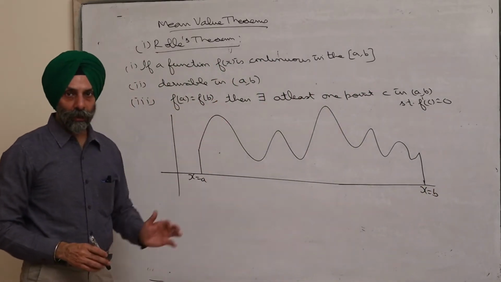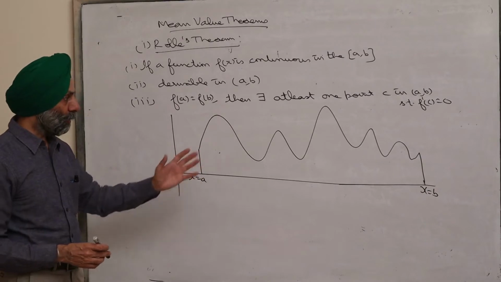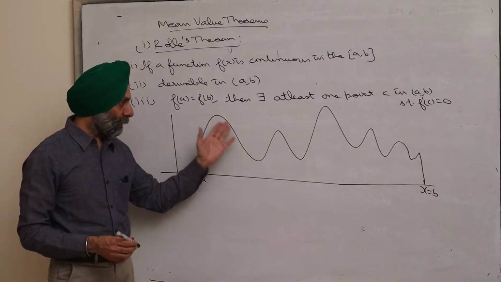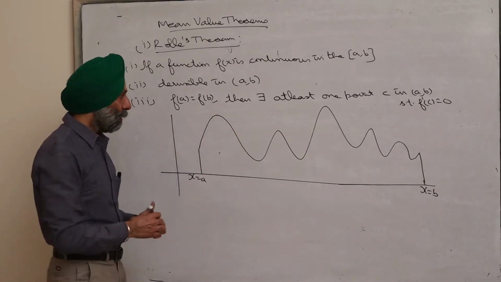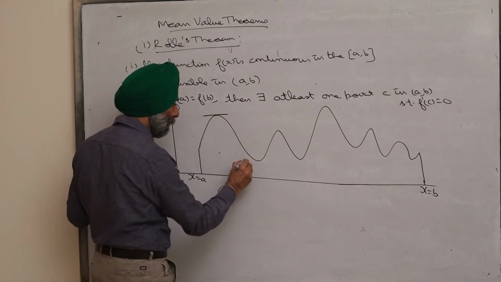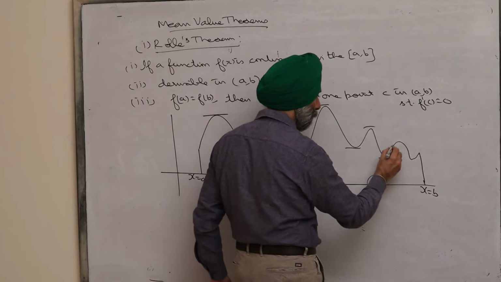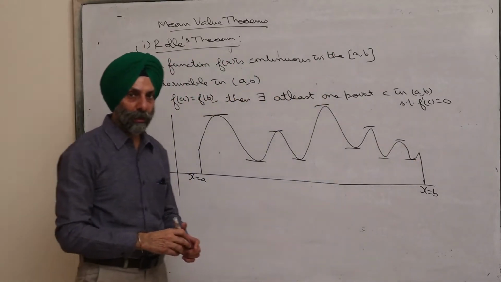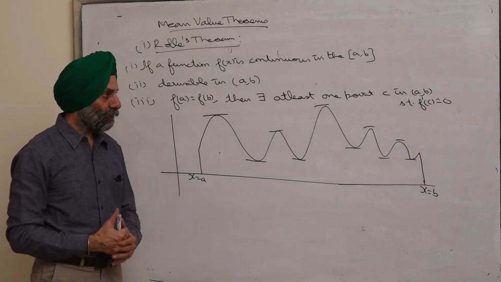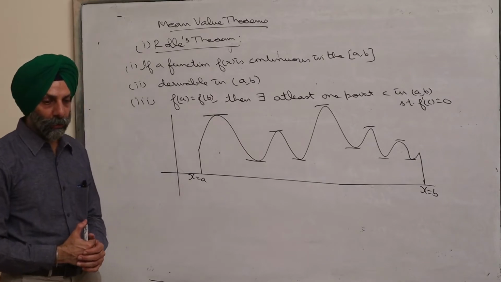It is continuous and differentiable in this interval. That means everywhere at every point a tangent exists. So you can see that at all these points tangents are parallel to the x-axis, that is, the slope of the tangent at these points will be equal to 0.